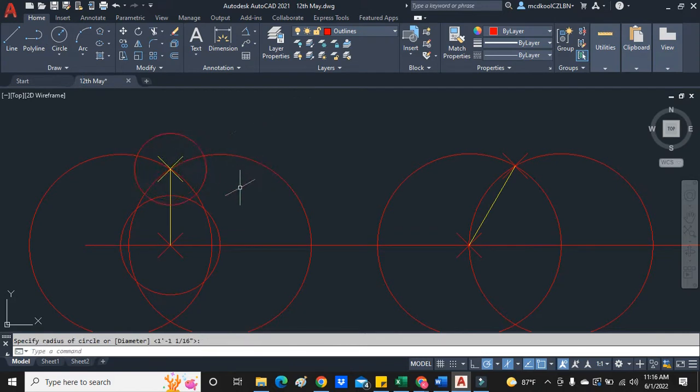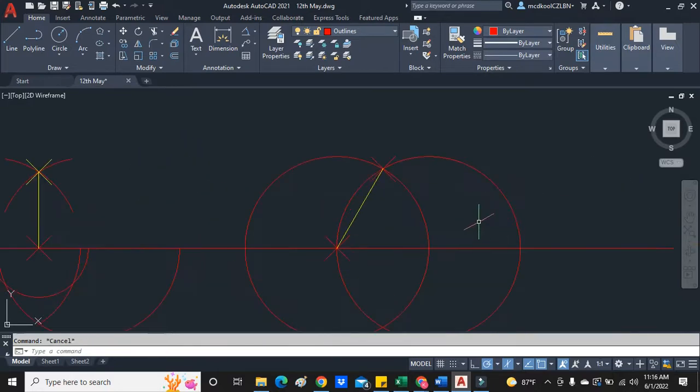I'm first gonna tidy them up. So I'm gonna leave that one like that. I'm gonna tidy up this second one.